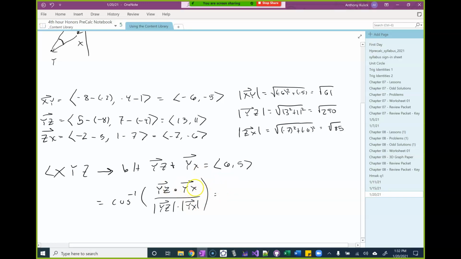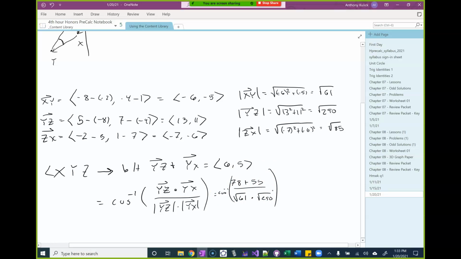So yz dot yx is going to be negative 6 times positive 6, so negative 36 plus, oops, no, yz is that one, so 13 times 6, which is 78, and then 11 times 5 is 55, over the magnitude of yx, which is square root 61, and then yz, which is square root 290.